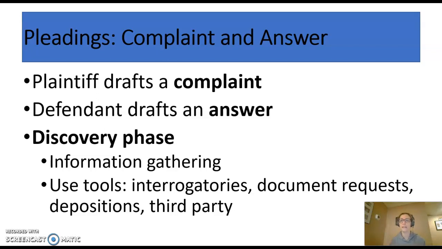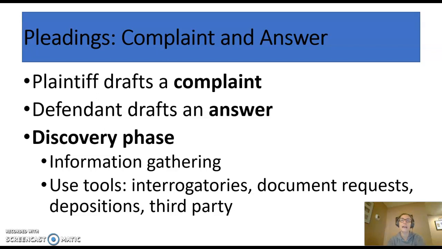That's how it proceeds. Then the parties, again, the plaintiff and the defendant, in a civil case, move to a stage called discovery. Discovery during civil litigation can take years. You may have heard that cases take a long time to resolve, and they do. It takes a long time to get to a trial, and discovery is the primary reason.